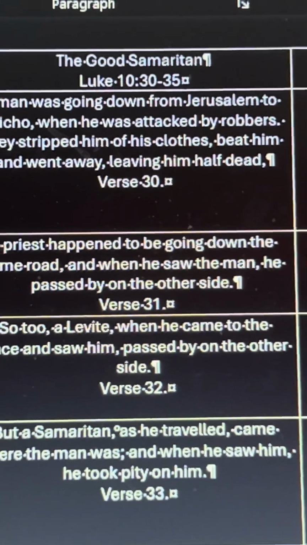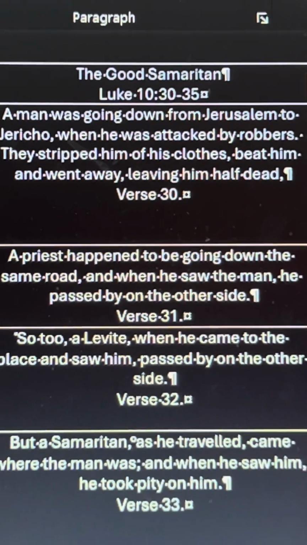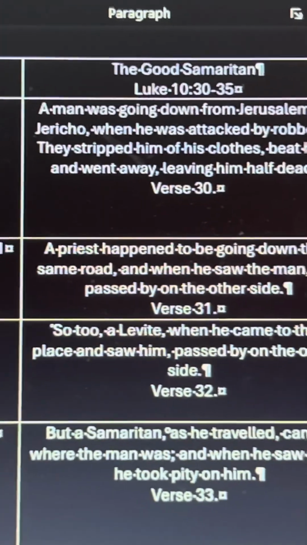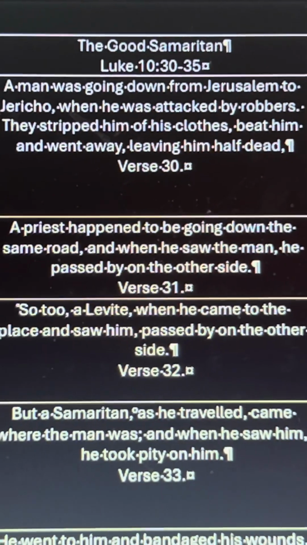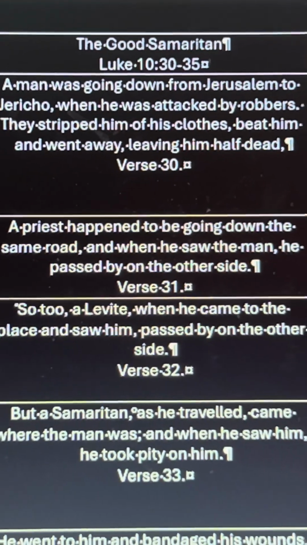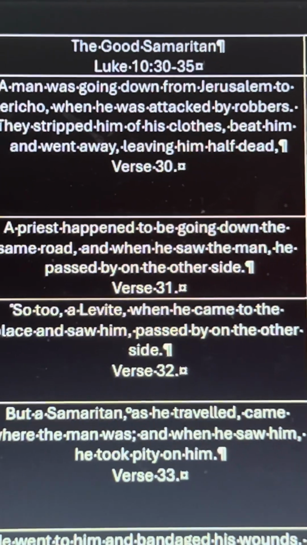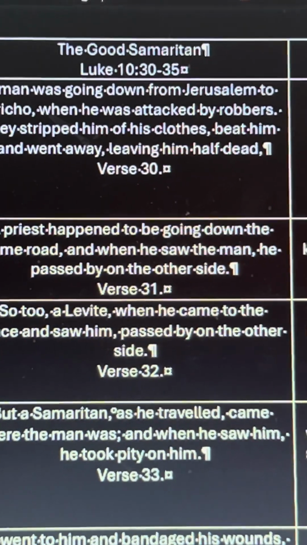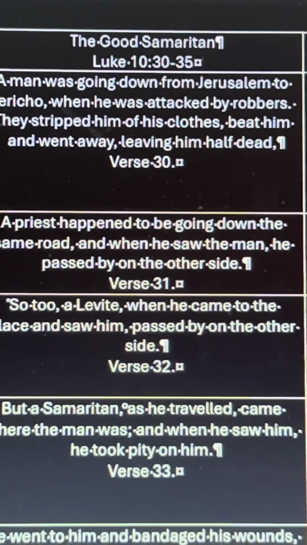So if we take the beginning of the Good Samaritan that Jesus told, the hook is: a man was going down from Jerusalem to Jericho when he was attacked by robbers. They stripped him of his clothes, beat him, and went away, leaving him half dead. And that's verse 30.